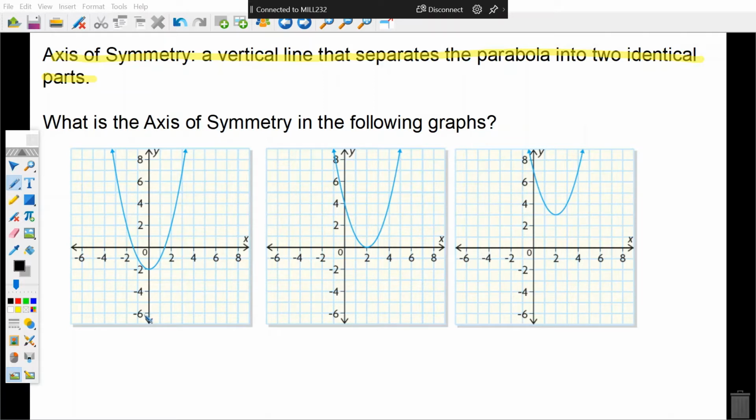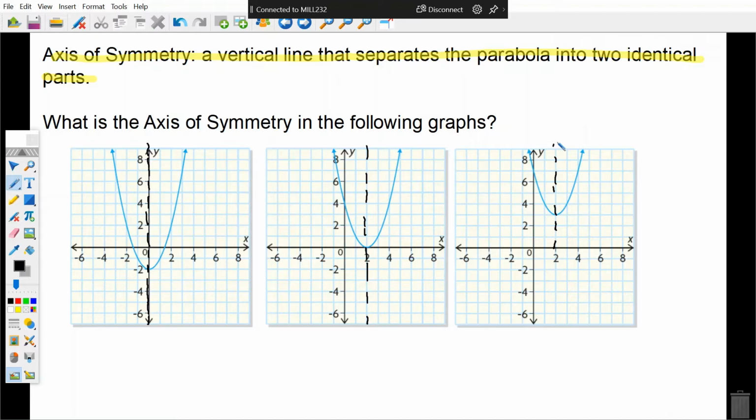The axis of symmetry is that line that breaks it into two equal halves. And like so. Now, the axis of symmetry is always on the x-axis, right? It's always a vertical line.